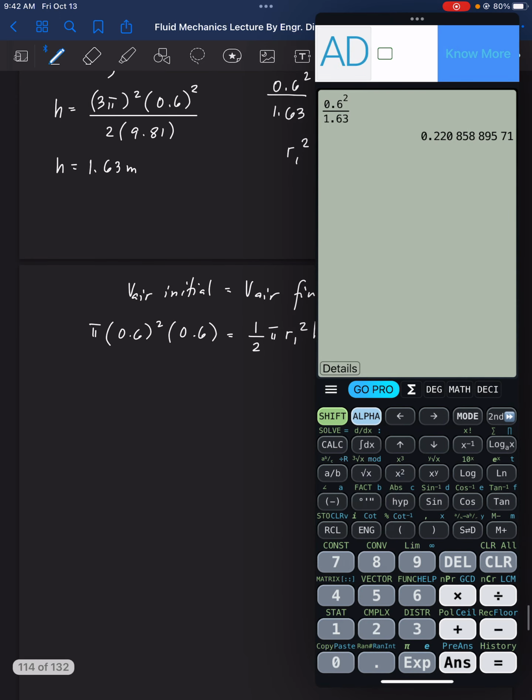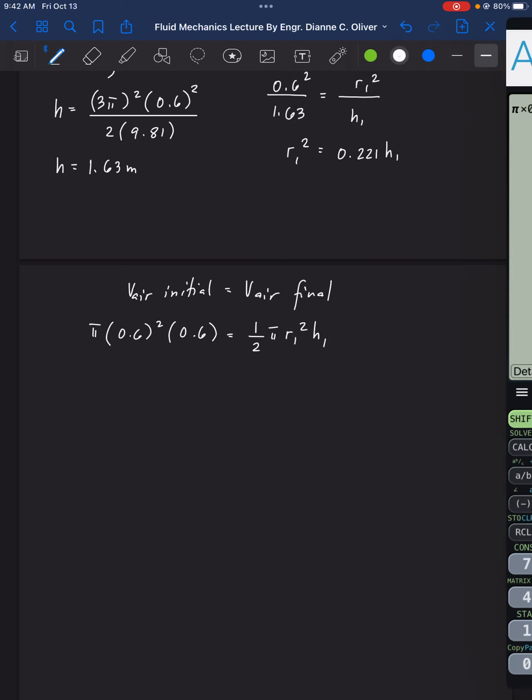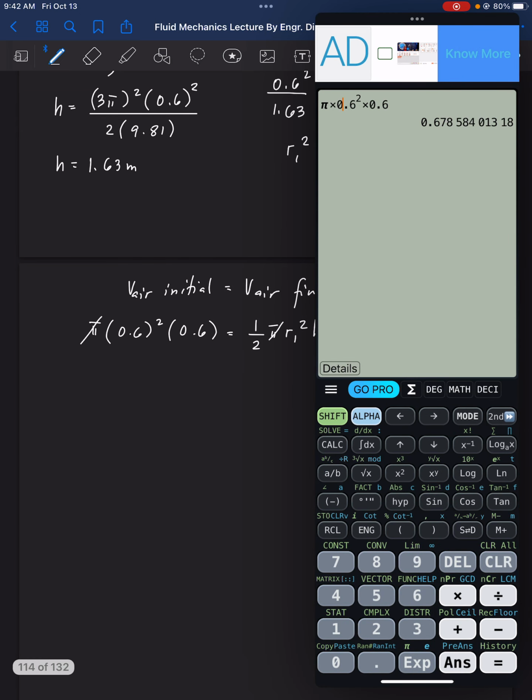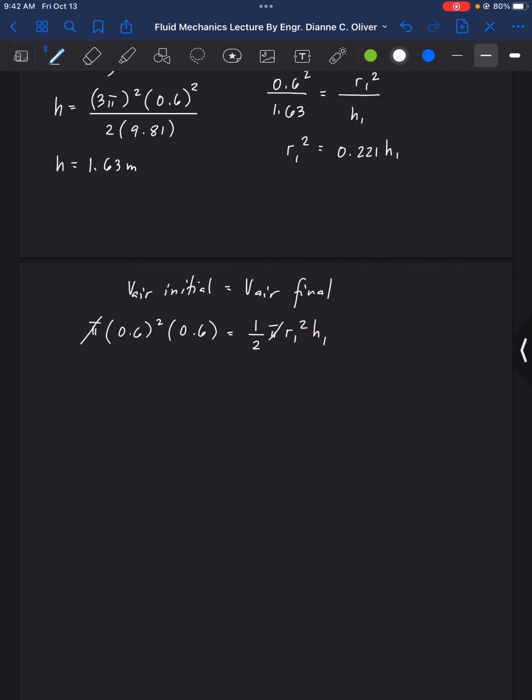Now we will cancel the pi. So 0.216 times 2 is 0.432.